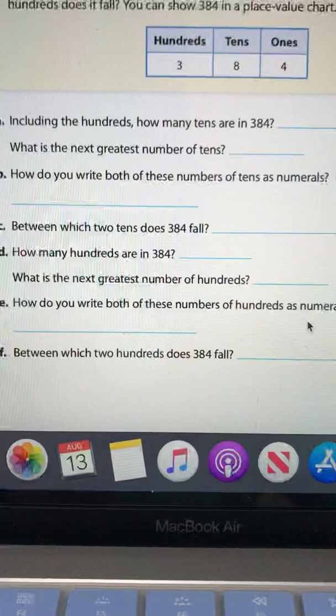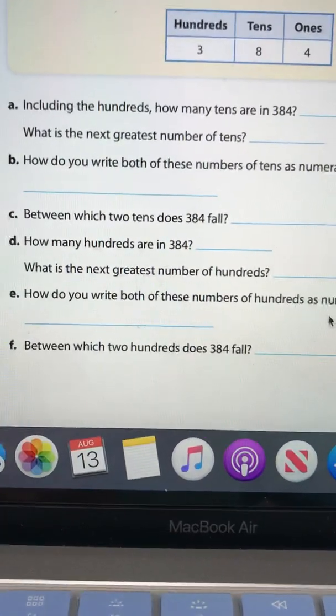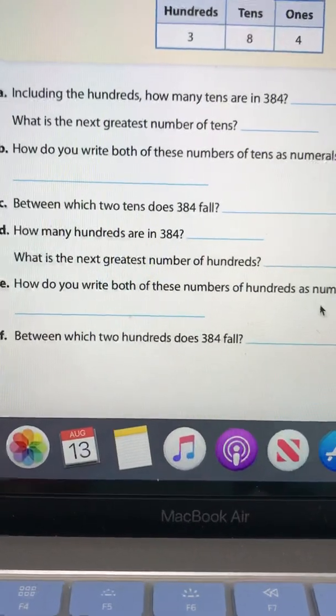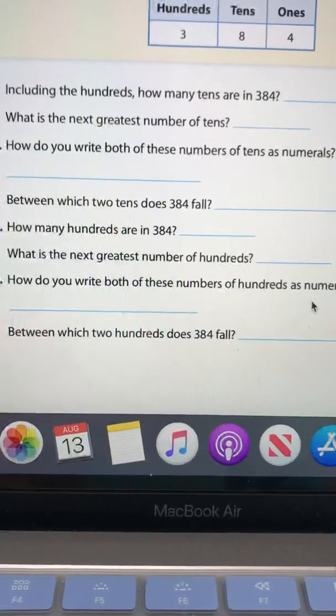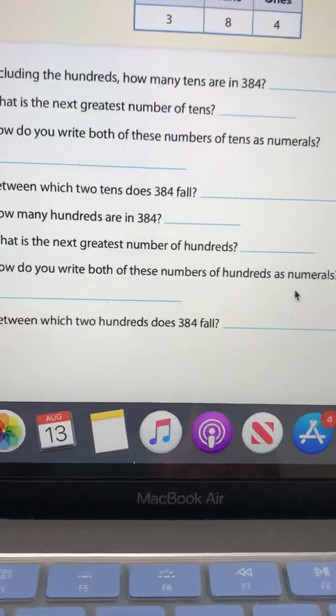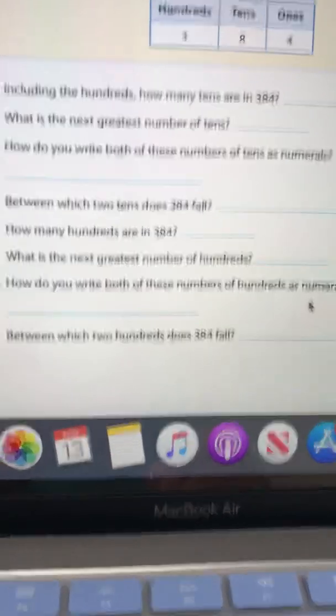Okay, let's look at D. How many hundreds do you see in the number 384? How many hundreds are there? Yeah, 3 of them. There's a 3 in the hundreds place. So on letter D, we're going to put the number 3.